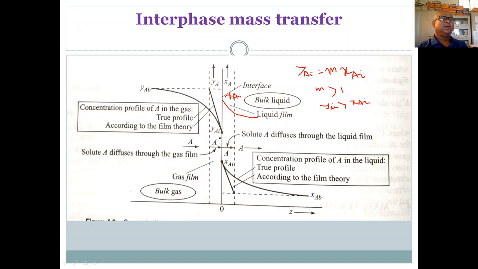So highly soluble. And this will happen for less soluble solute. Less means the gas phase concentration will be less.